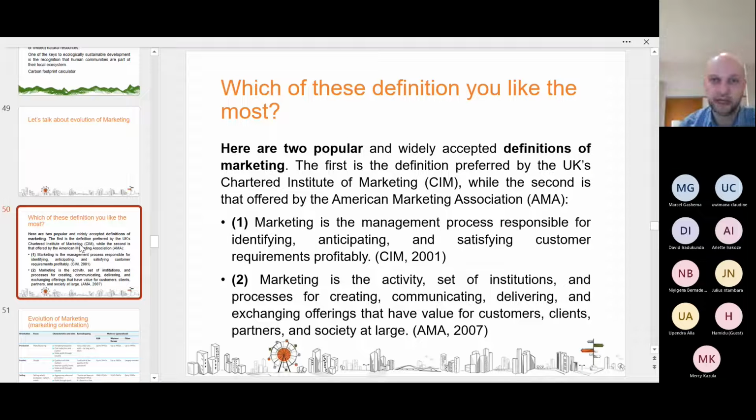So the first is given by the Chartered Institute of Marketing. Marketing is the management process responsible for identifying, anticipating, and satisfying customer requirements profitably. And the American definition: marketing is the activity, set of institutions and processes for creating, communicating, delivering, exchanging offerings that have value for customers, clients, partners, and society at large. So I'm looking forward to getting your answers, which of these definitions you like the most.